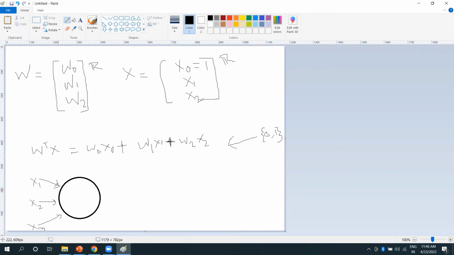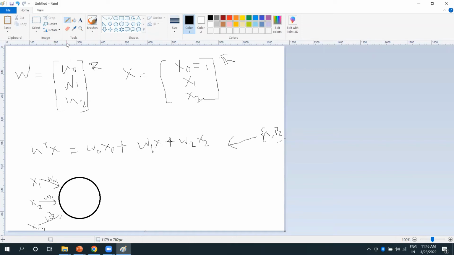What happens over here is you have weight vectors, and weights are multiplied by these x's.